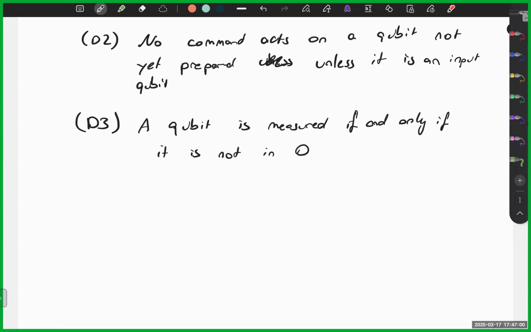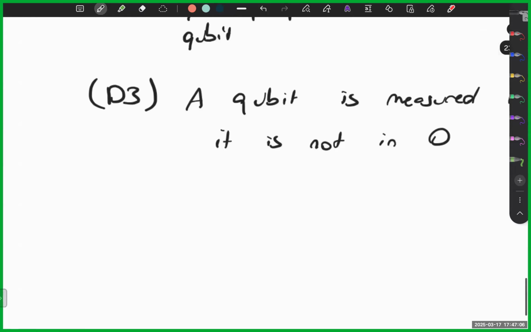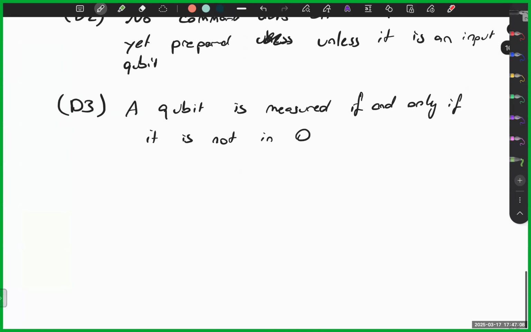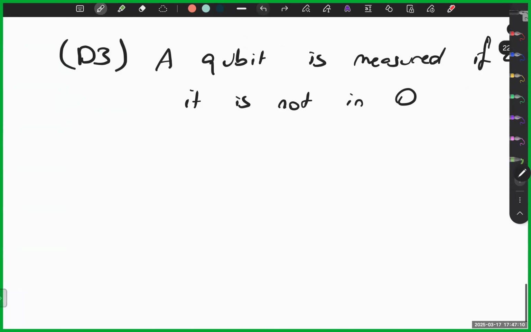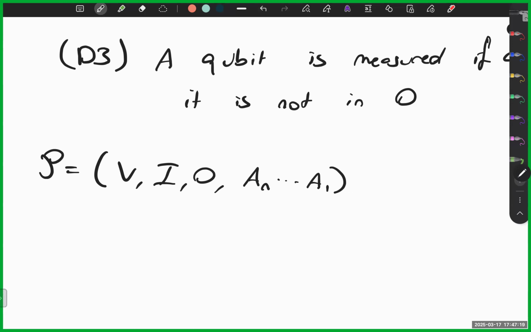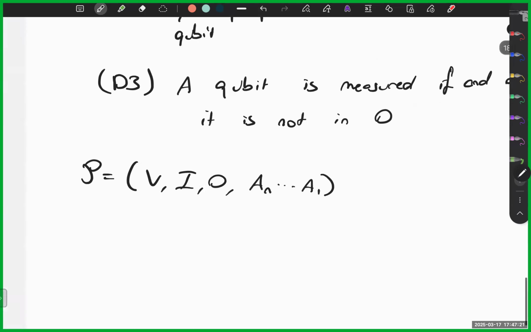So we get the output state by leaving the remaining ones. Okay, we denote the pattern, let's say P, as the tuple V, I, O, and the commands An to A1.